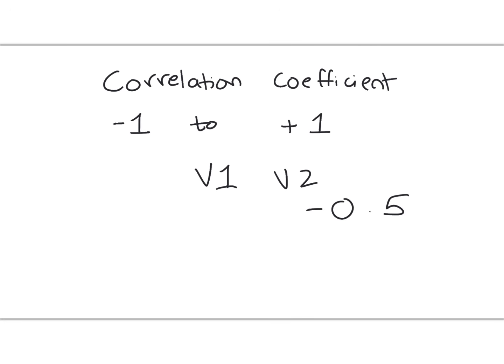Let's say it's minus 0.5. So an average strength correlation, but negative. If two variables have a correlation coefficient of minus 0.10, it's a negative correlation, but a very weak correlation, almost non-existent, because 0.10 is very close to 0. So a very low chance that if one variable increases, the other will decrease.